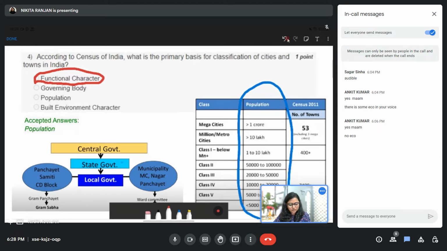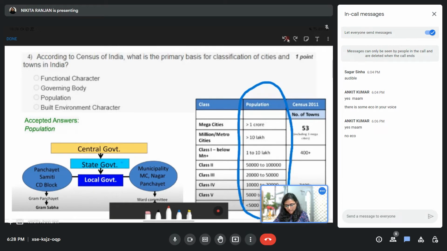However, this criteria for classification is not used by the Census of India. It is an additional classification criteria used to cater to functional issues related to the city, but it is not used for classification of the cities and towns in India.